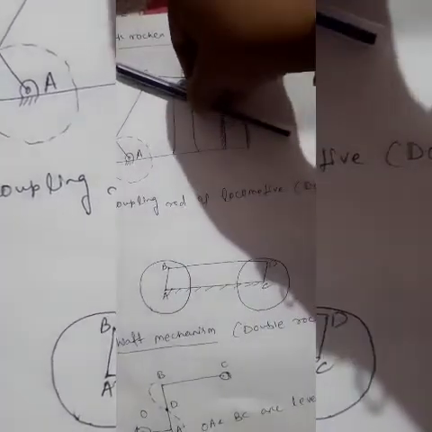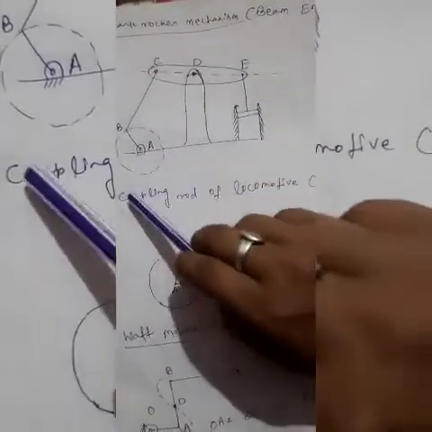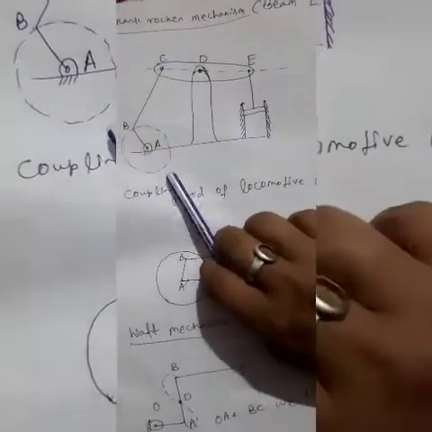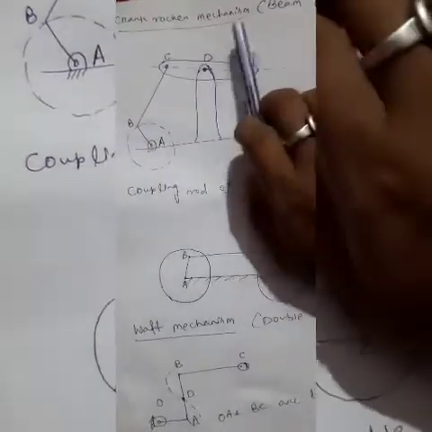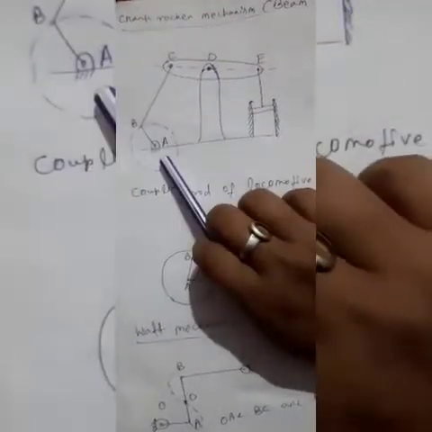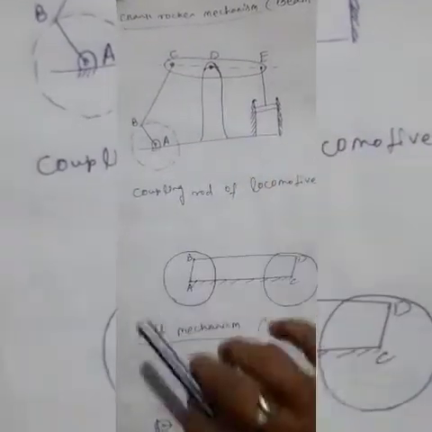Because the piston rod is attached to the lever, according to the movement of the lever, the piston rod will move, because of which the piston will reciprocate. So it is converting the rotary motion of the crank into reciprocating motion of the piston. So this is known as crank rocker mechanism. Here the link adjacent to the shortest link is fixed.